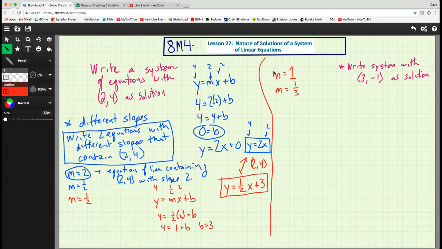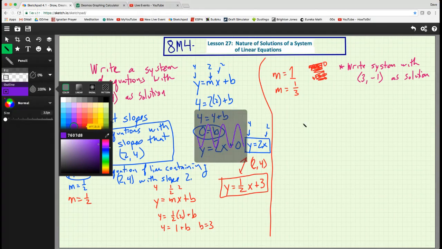We'll use this so that when I solve the problem, you'll see we'll be using the same numbers. You could use the slope of m equals 10 and m equals 1/5, and you could also come up with a system of equations. But I want to use the same ones that you're going to use, so that when I solve it, you'll see where you went wrong or where you went right. Okay.